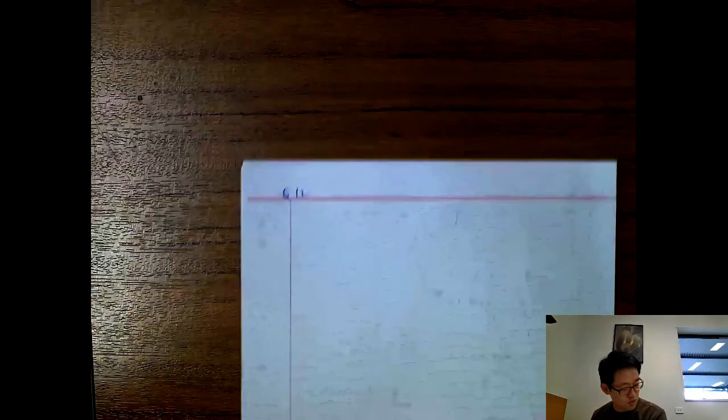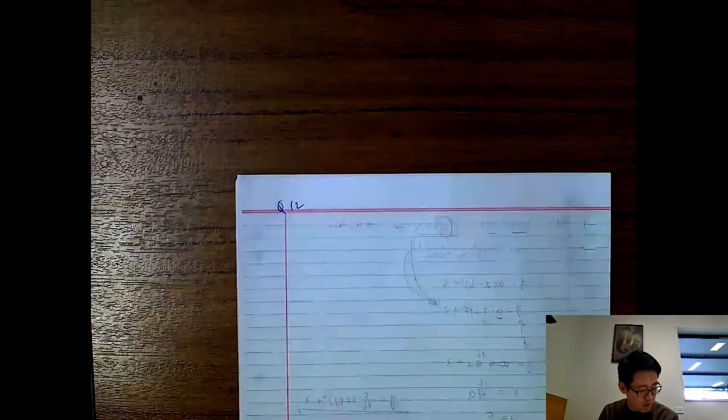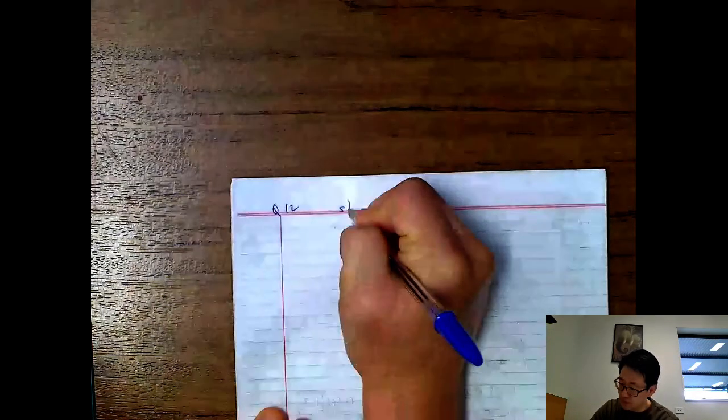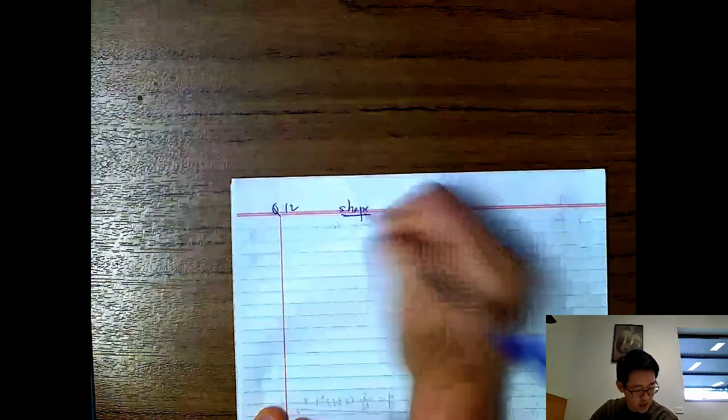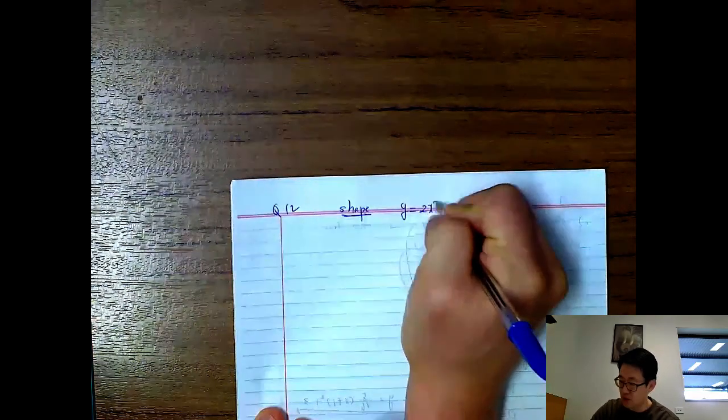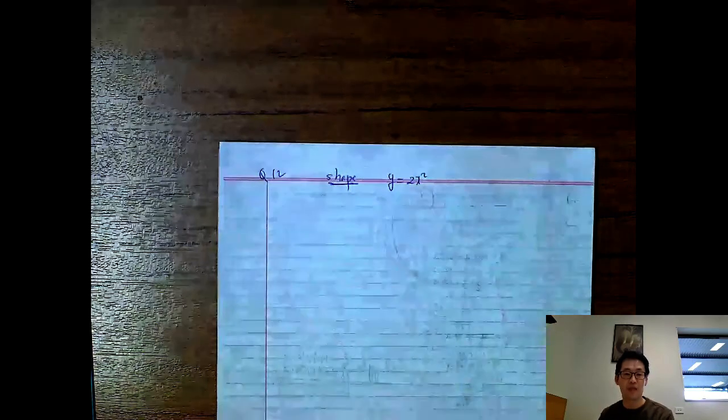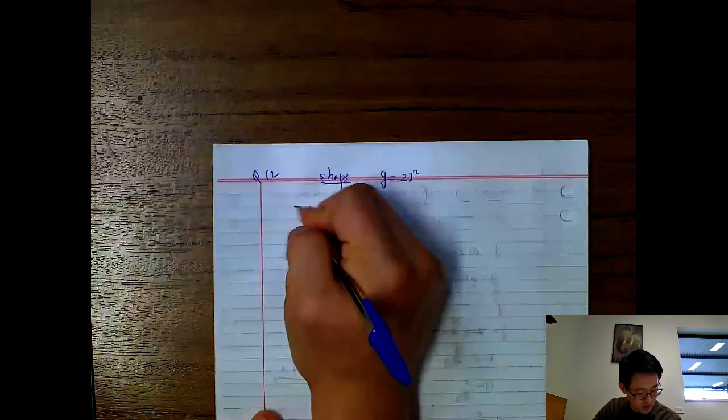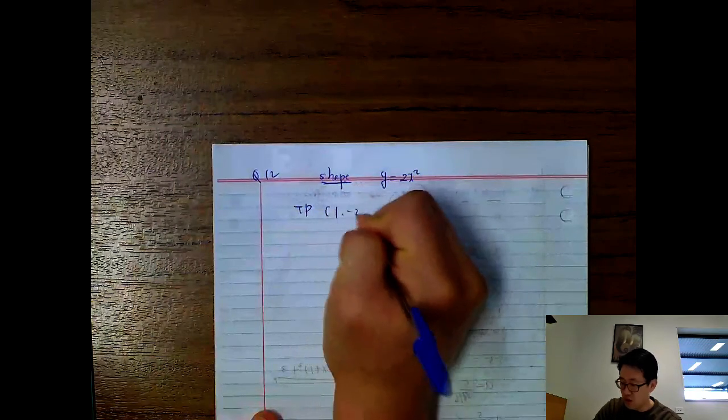Okay, question 12. A parabola has the same shape as y equals 2x squared. So your starting point is y equals 2x squared. Okay, and then they transformed to where? The turning point is 1 and minus 2.